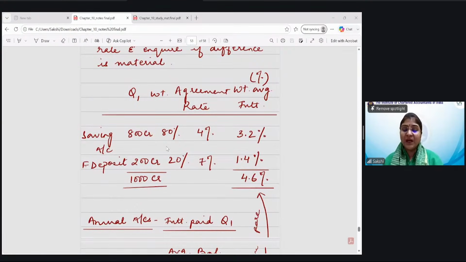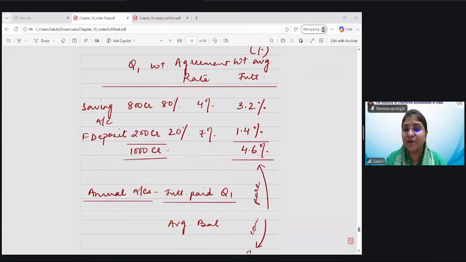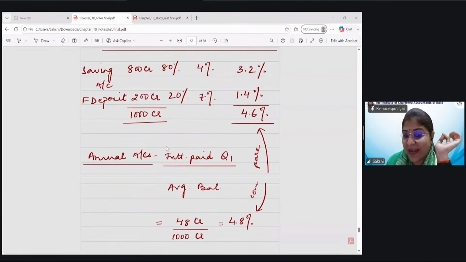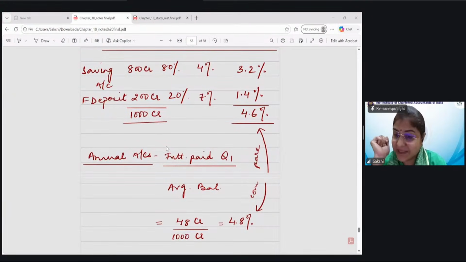Now, when you see the annual accounts of the bank and the interest of quarter 1 paid, the average balance there was 48 CR. 48 divided by 1000 CR comes to 4.8%. These two percentages, you as an auditor, are going to compare and analyze. So, what are we doing in weighted average?